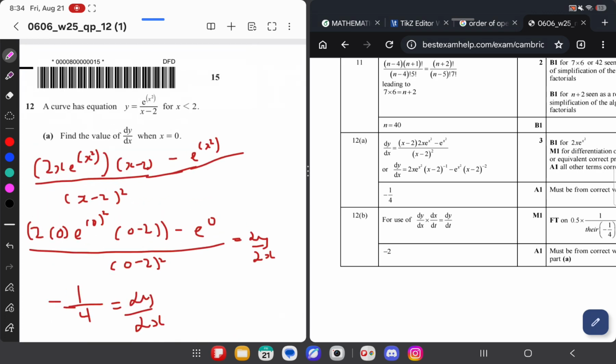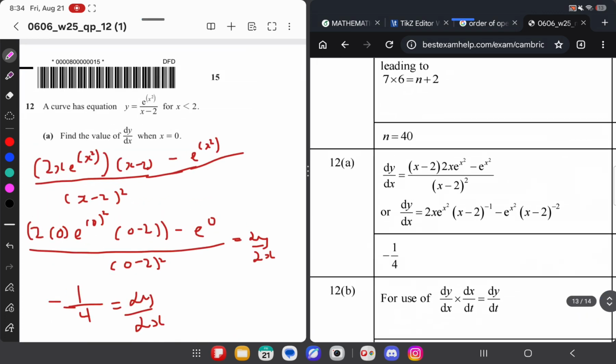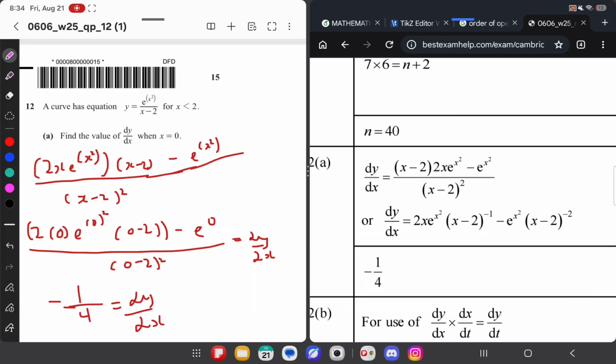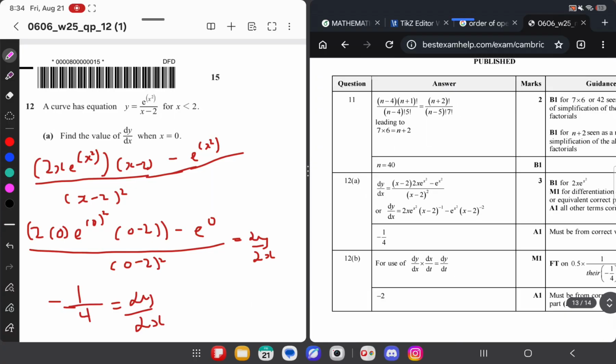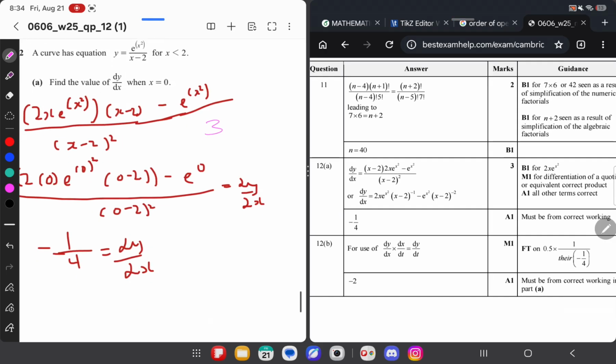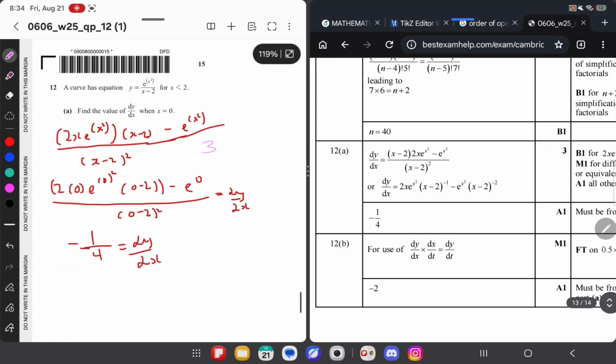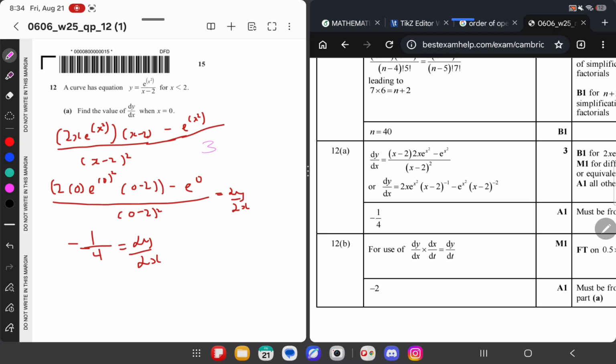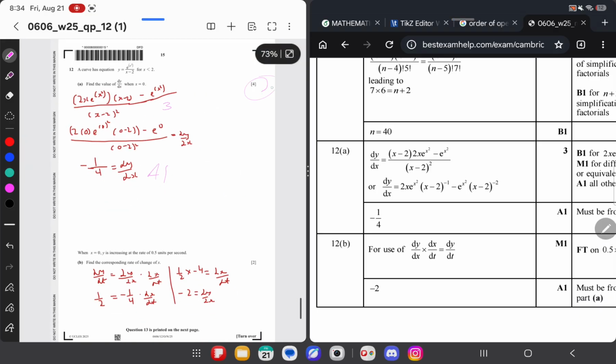The derivative when x is equal to 0. Sorry. Okay, yeah, this is like 3 marks, and A1 for this. Damn, barely any working.